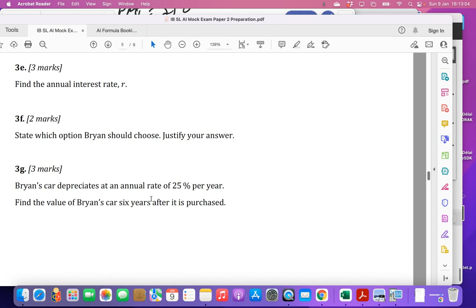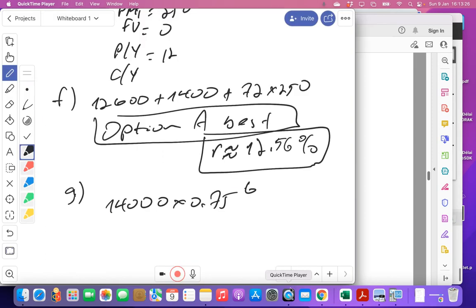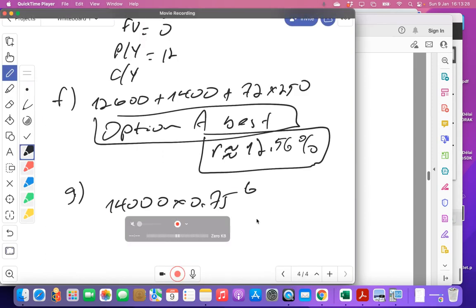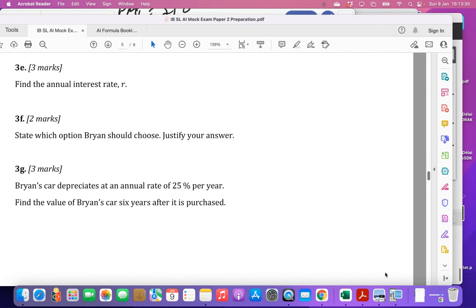So our ratio is going to be 0.75 between adjacent years. So I take the 14,000 and I multiply it times 0.75 to the sixth power. Okay, and that's how I'm going to get my answer here for the depreciation.